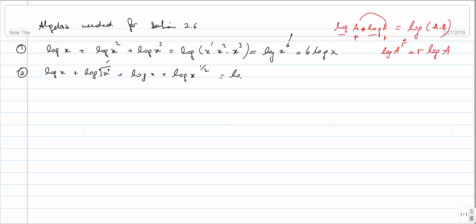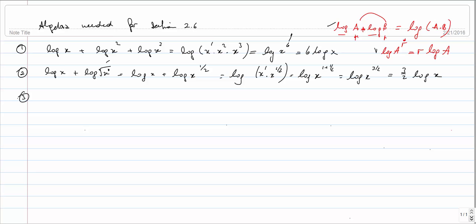And then I'm going to apply the same property, x times x to the 1/2. This is equal to log x, 1 plus 1/2 is my invisible 1, so log x to the power 3/2. And then I can apply the same property, 3/2 log x.